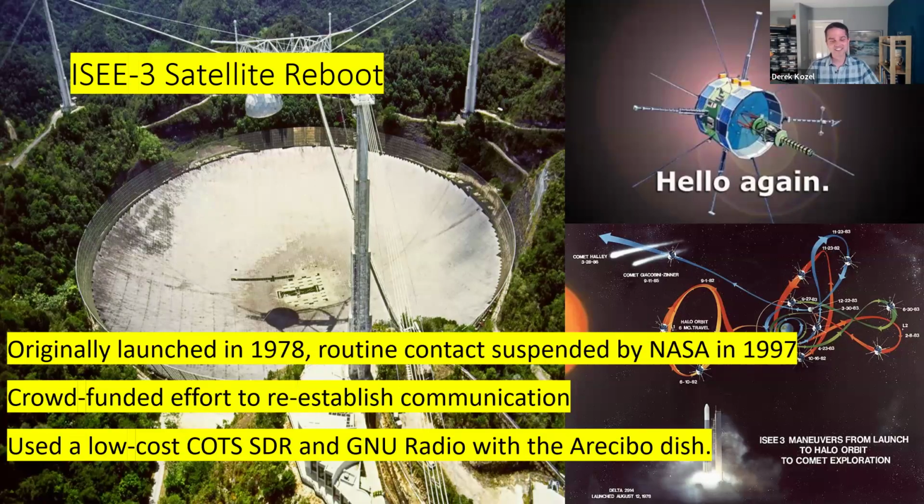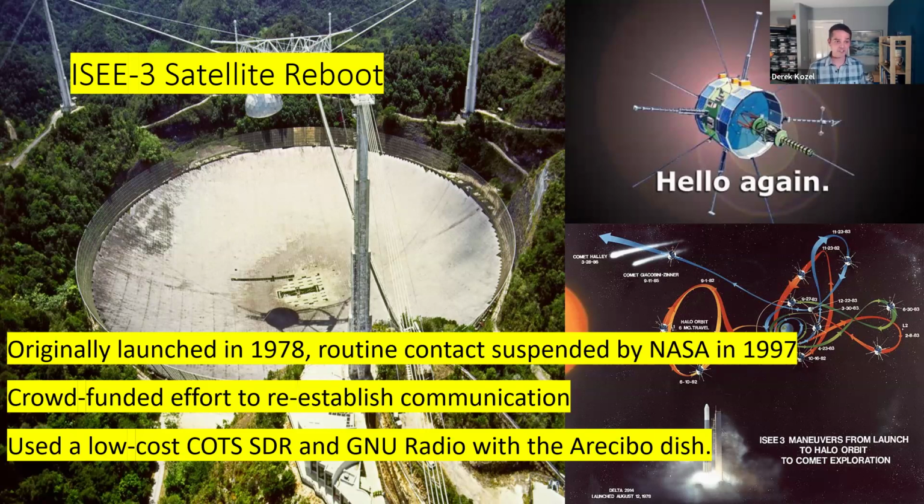There was a fun project a number of years ago where a satellite had exceeded its operational lifespan and had flown out into space. Its particular orbit took it way out beyond Earth's orbit. At some point, it looped back around and did a flyby of Earth. Now, NASA had finished the mission. They passed it off.